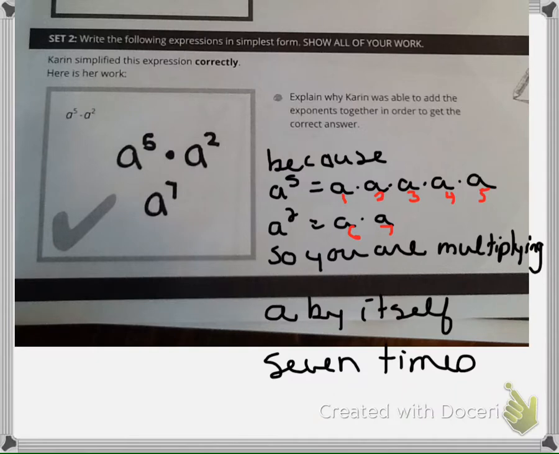We know that a to the 5th means a times a times a times a times a, and a squared means a times a. So essentially what you're doing is you're multiplying a times itself 7 times altogether, and that's why she was able to do the 5 plus the 2 equals a to the 7th.